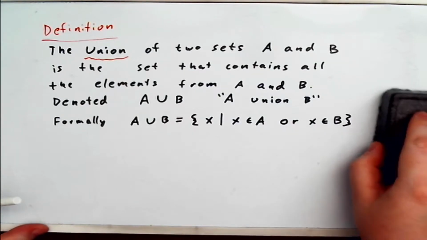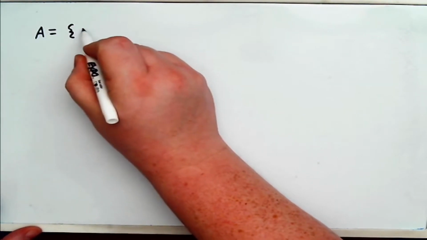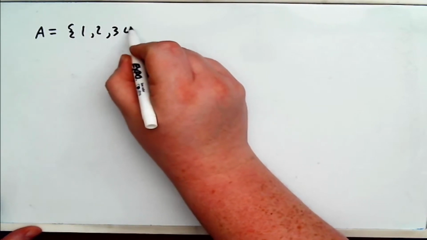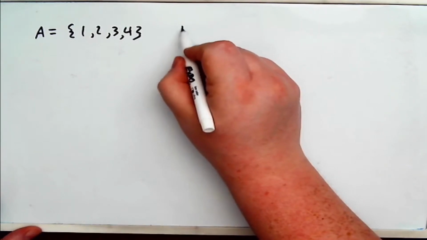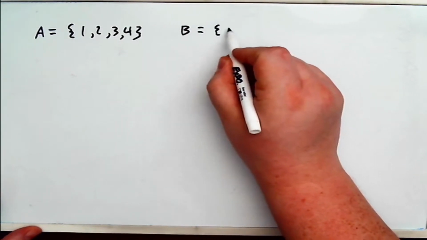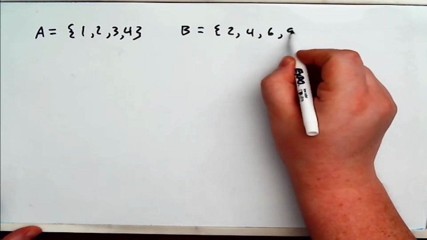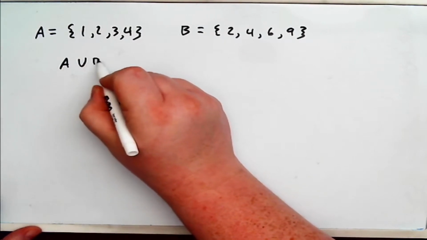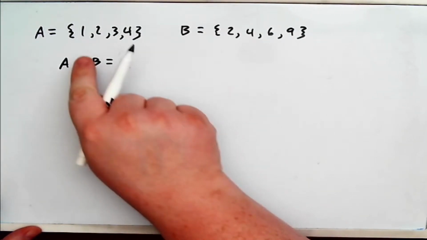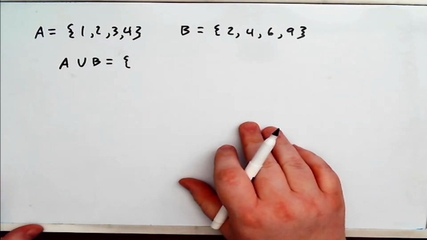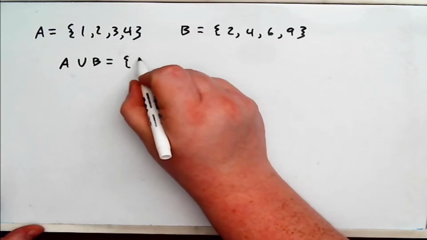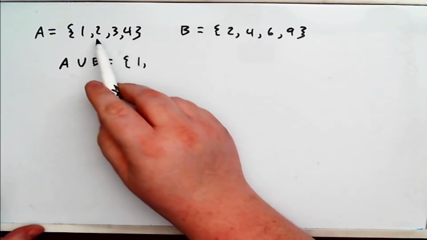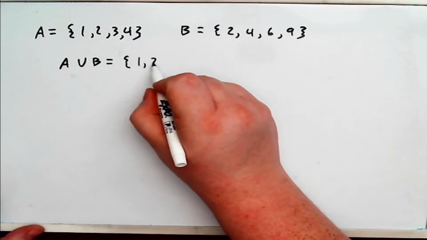I'm going to get started here. All right, so let's say we define a set A as being the set 1, 2, 3, 4. And let's say we define the set B as the set 2, 4, 6, 9. Then the set A union B is a set that includes all the elements from either A or B. So we need to have 1, that's in A. We need to have 2, that's in both sets, so we just pull out the 2.